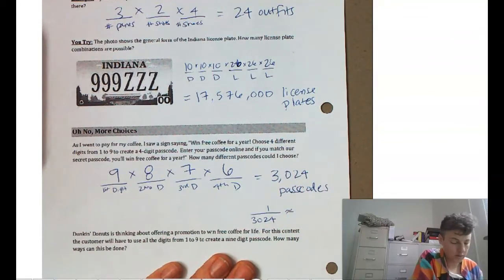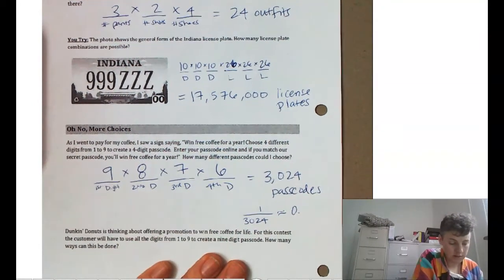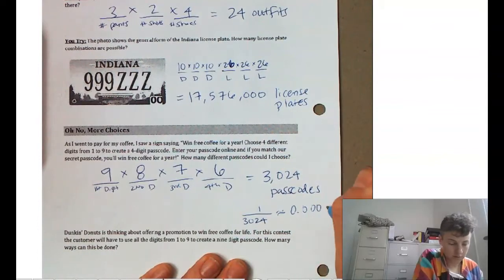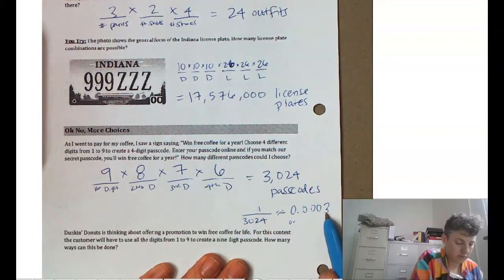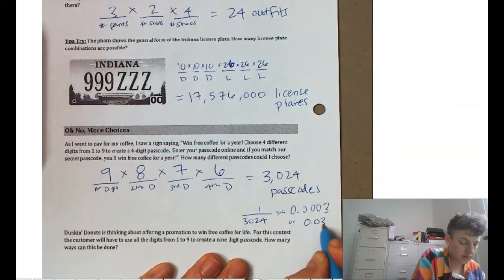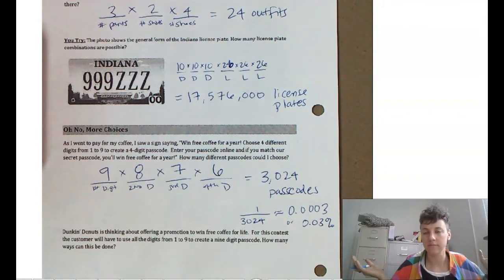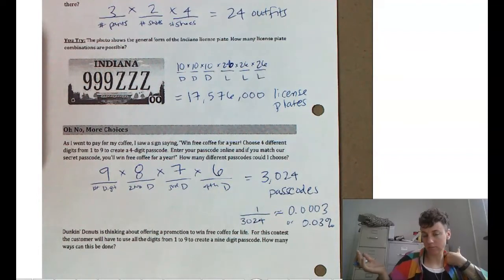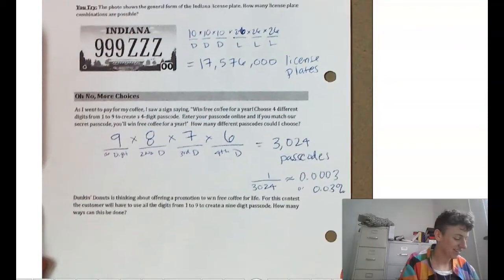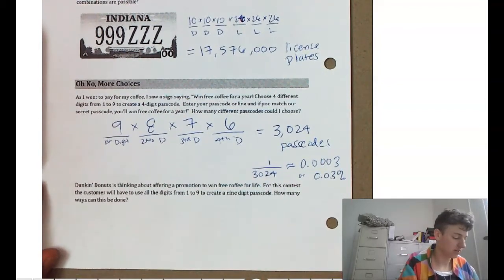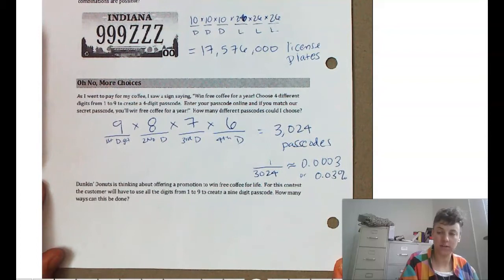My probability of winning is 0.0003, or if I move my decimal place 2 spots, I have a 0.03% chance of winning. It's not very good, is it? Nope, not very good at all. That's why playing the lottery, usually you don't win. You mostly don't win. Yeah.